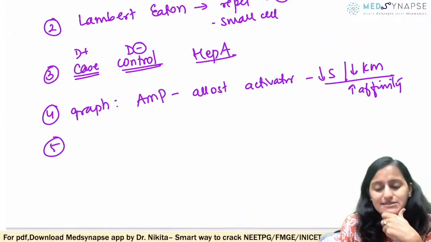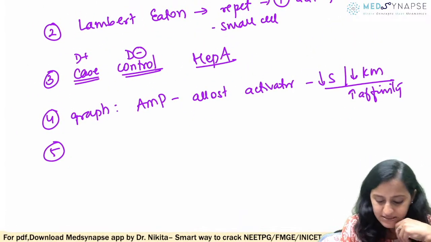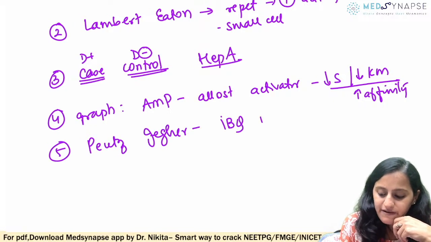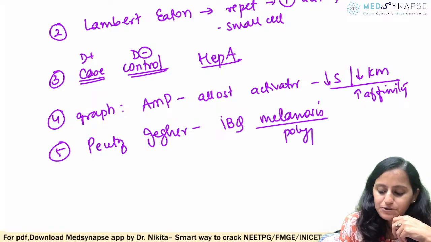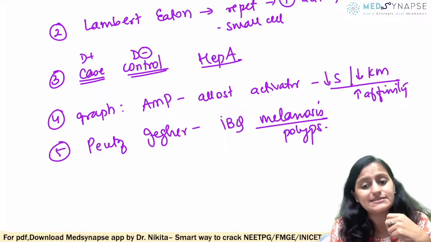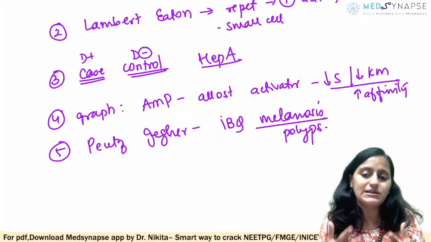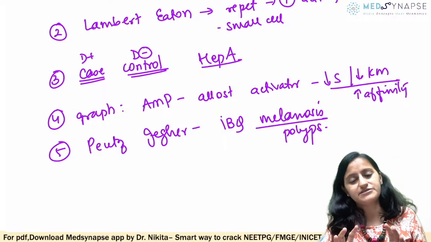And what was the last question that we saw? The last question that we had was the Peutz-Jeghers syndrome, the image-based question of hypermelanosis involving the lips, plus there are hamartomatous polyps that can lead to intussusception and GI bleed, right? So this is how you should be learning as well. You've solved some questions.